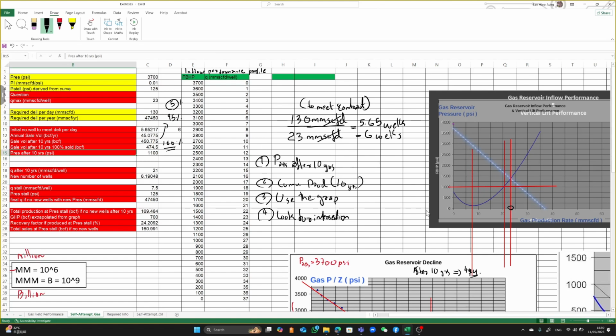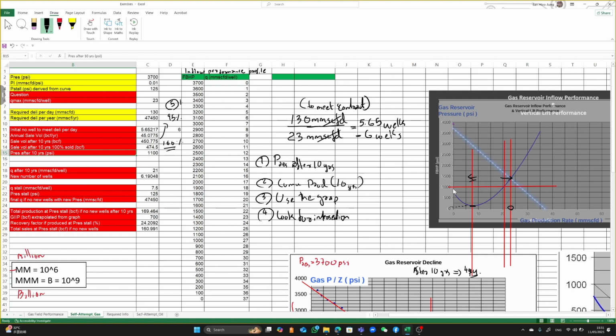We just calculated a lot of values, and there is one significant piece of data that we found from the start, which is the production range. This bottom of the vertical lift performance, if you remember, is the pressure where the well will stop flowing, and we have estimated the new reservoir pressure, which is 1,100 after 10 years of production.